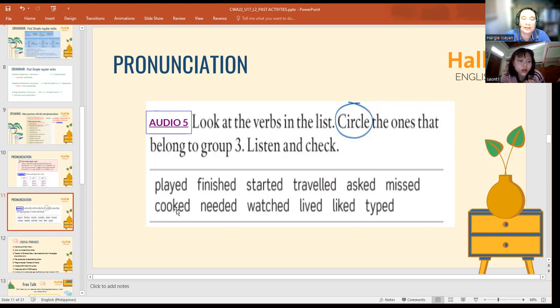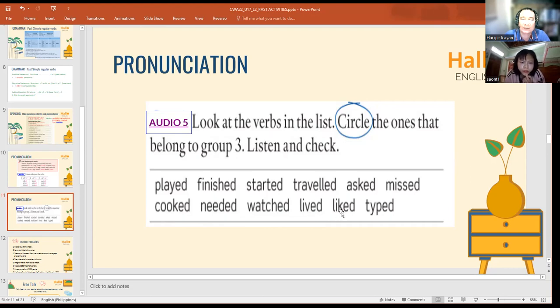Cooked. I think in number 2. Watched. Number 2. Correct. Lived. I think it's number 1.